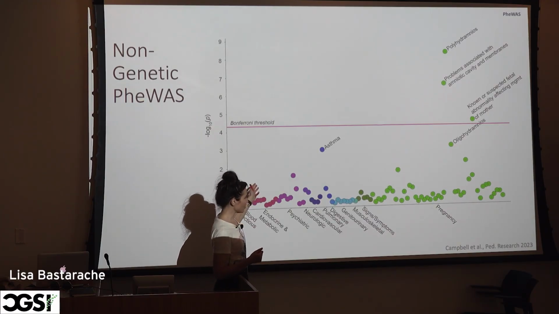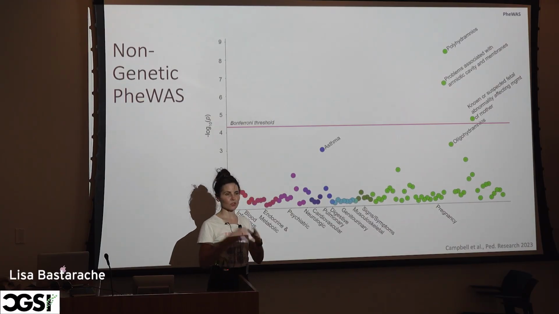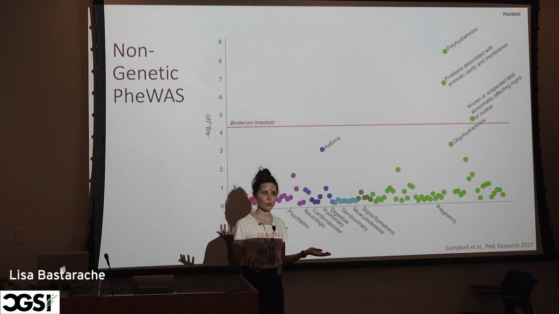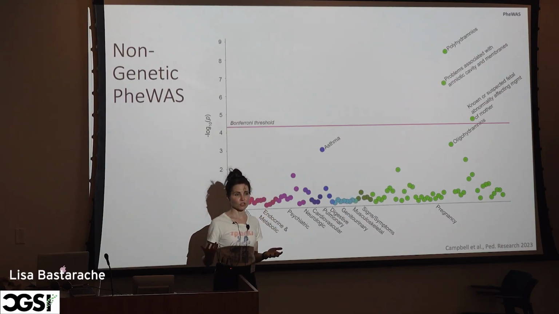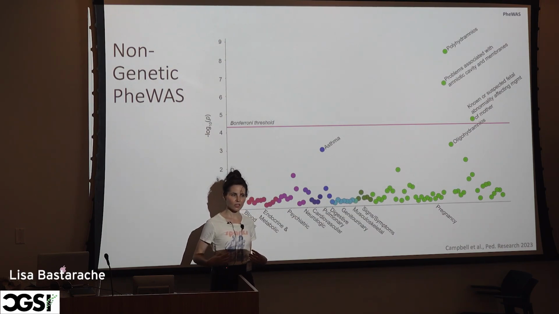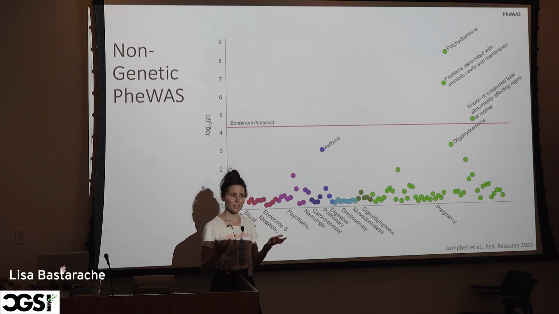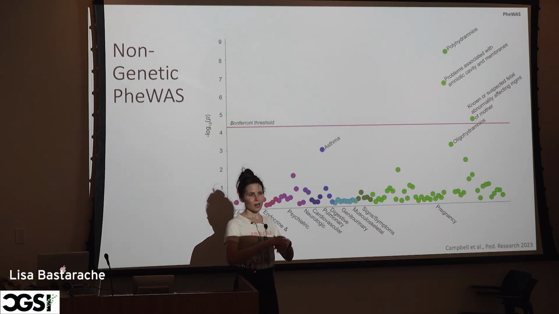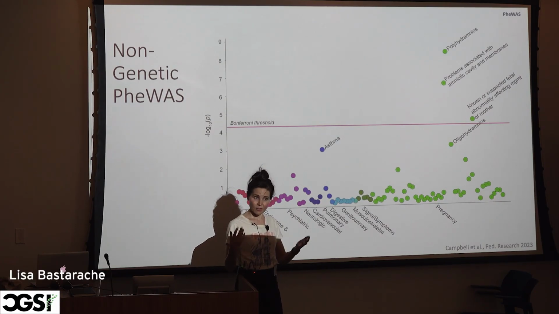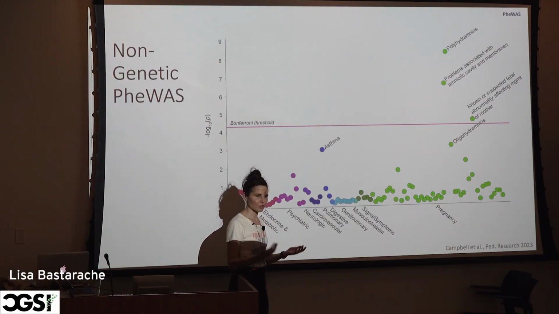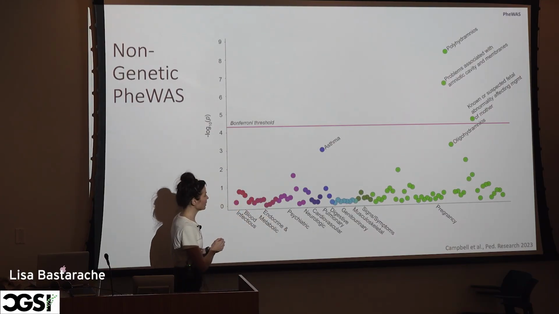Here's an example of a paper we put out a few years ago where we were looking for novel risk factors of something called bronchopulmonary dysplasia. This is a problem that happens in premature babies where their lungs are not fully developed. But not all babies who are born premature have BPD, or bronchopulmonary dysplasia, and so there's some sort of unaccounted variance. It's not fully understood why some of these babies develop this.